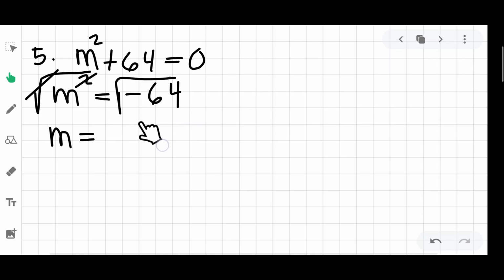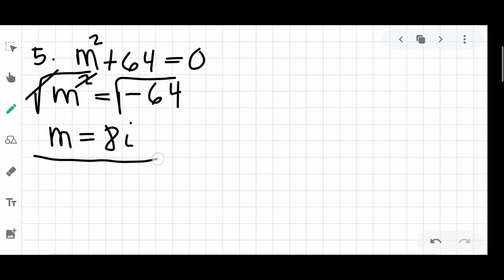Ngayon, what is the square root of negative 64? Tulad ng sinabi ko nung una, kapag nag-i-square root tayo ng negative numbers, the answer is always imaginary. So, ngayon sagutin natin, what is the square root of 64? The answer is 8. Lalagyan lang natin ng i, which means imaginary.